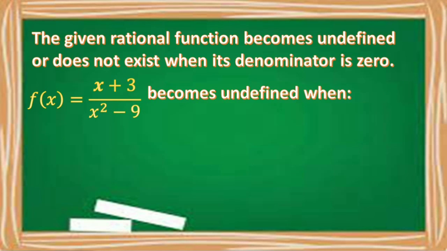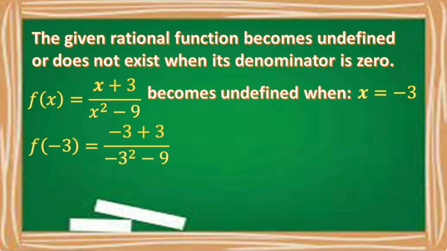And f of x equals x plus 3 over x squared minus 9 becomes undefined when x equals -3, because -3 plus 3 over (-3) squared minus 9 equals 0 over 0, because -3 plus 3 is 0, then (-3) squared is 9, minus 9 is 0.